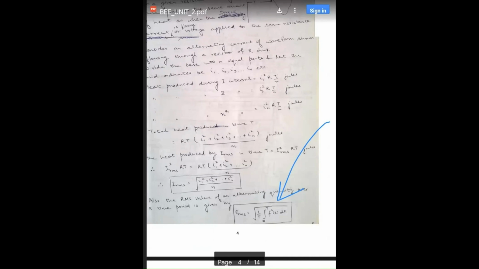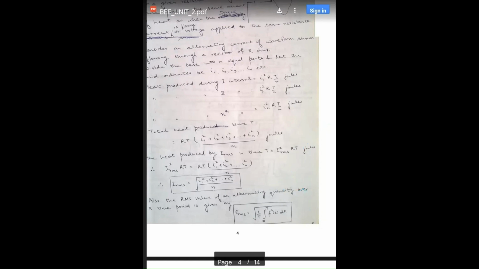We can take the area under the curve. We can take the integration to calculate the area under the curve, which you have studied in your previous class, plus two. Okay. So in this way, we can take the mean value and then we can take the root to know the RMS value. It is good enough.